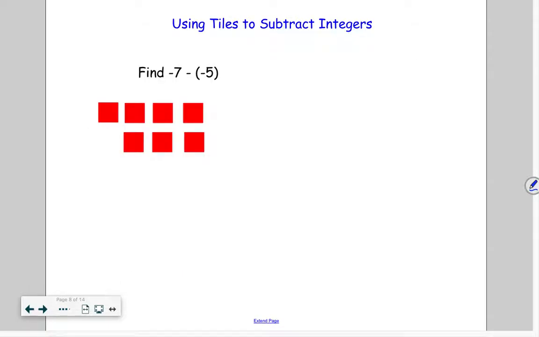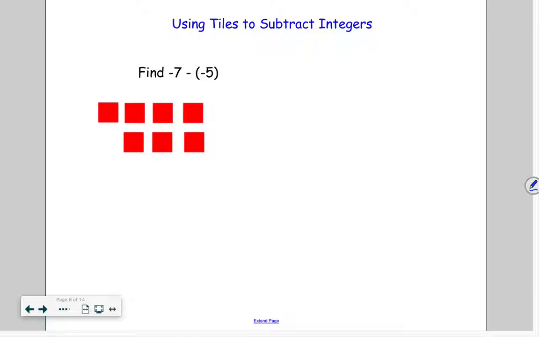So we are supposed to find negative 7 minus a negative 5 using tiles. So we said that if they're red, or in your case pink, that those represent negative values, right?